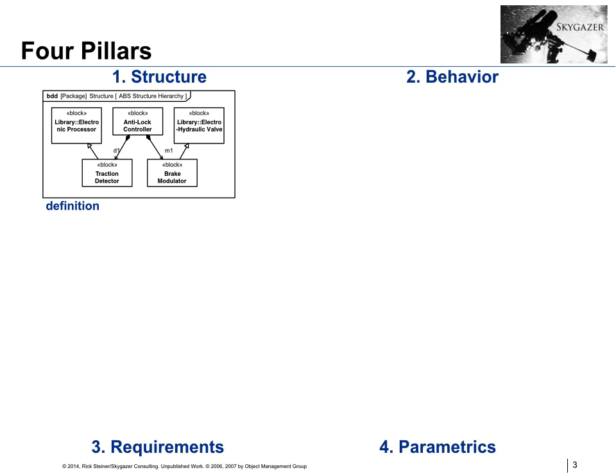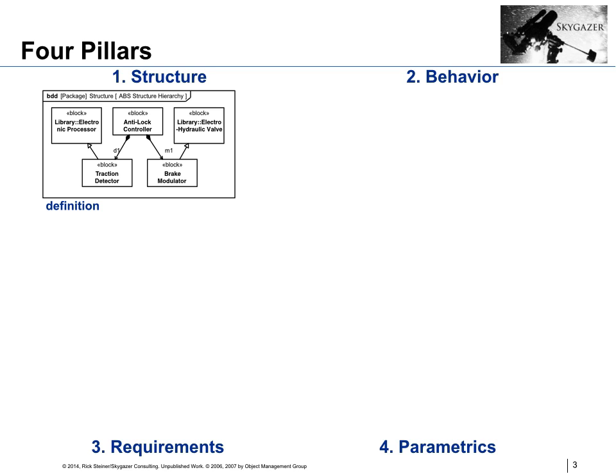Now, the first concept I want to talk about is the concept of definition. This first diagram is called a BDD, or block definition diagram, and what you're seeing is a number of different blocks. In particular, this example is about an anti-lock braking system, and the block in the center and upper part there is an anti-lock controller.